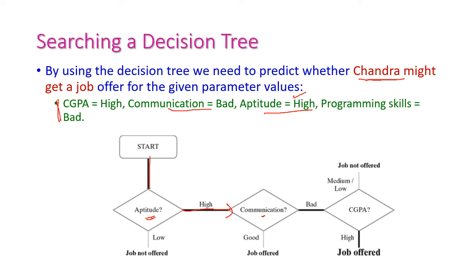Communication is bad. Next we need to check CGPA. CGPA is high, then the job is offered. So the student Chandra will get a job from Global Technology Solutions.